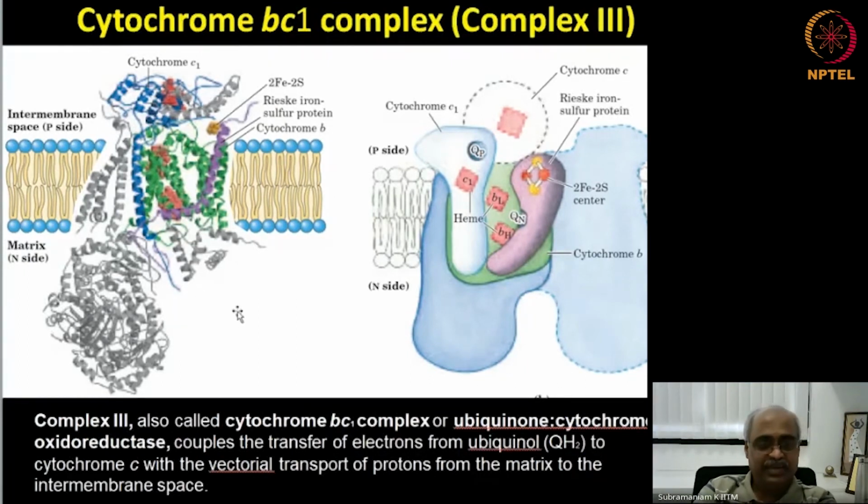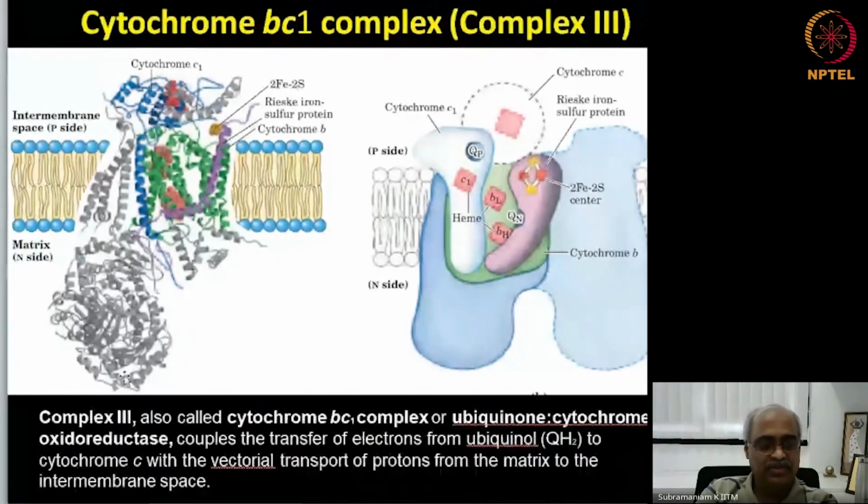So this contains 60 polypeptide chains, and we are not going to look at anything other than these colored ones. That's the business part of it, meaning these are the ones that are directly involved in electron flow. So we are not going to talk about these gray colored ones. And this whole structure is a monomer of this complex. Okay, so do not get confused.